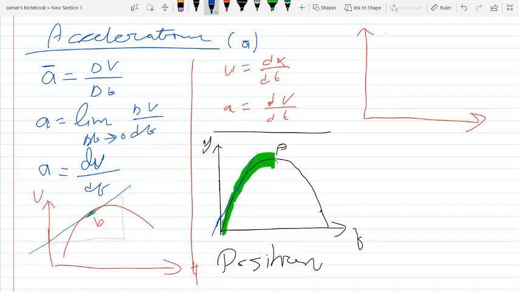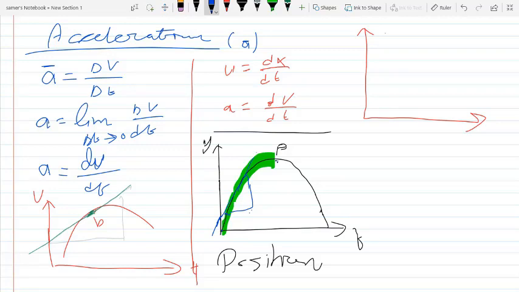Why is it positive? Because the difference y2 minus y1 is always positive, because y2 at any time is greater than y1, and this extends from 0 to point B.